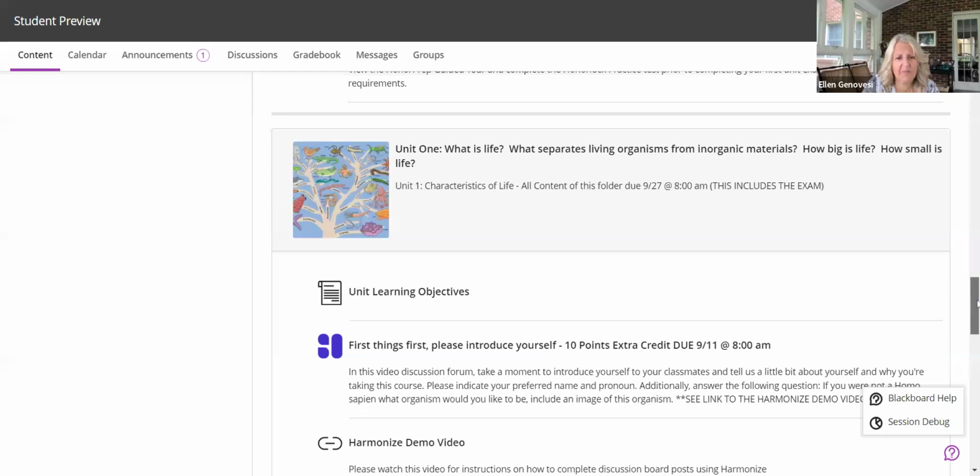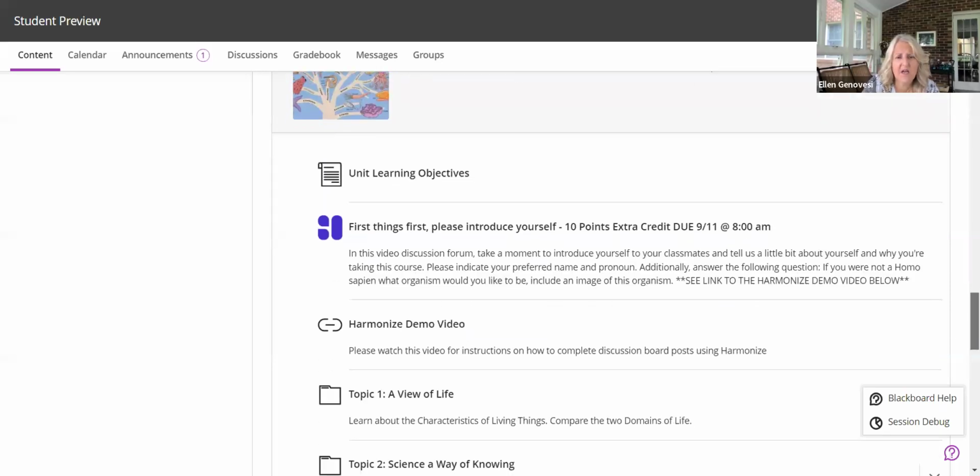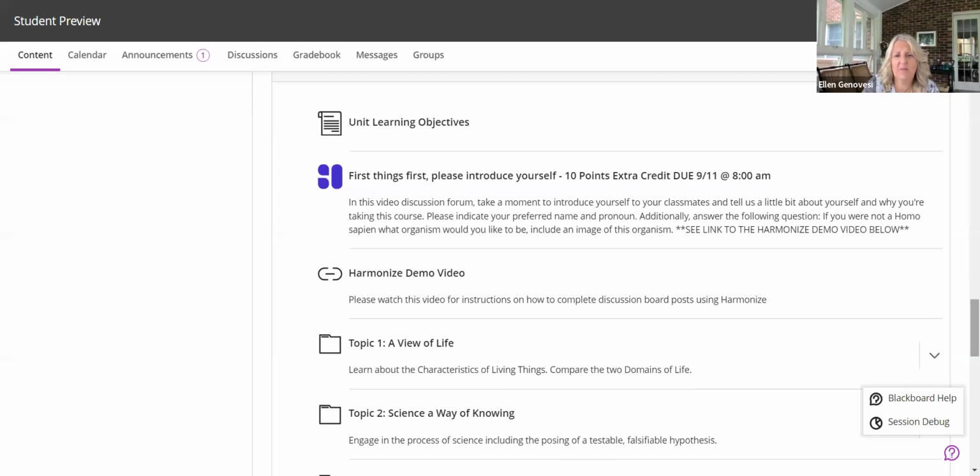Here we have the Unit 1 objectives. In my section, because many of you may not have used Harmonize before, you'll have an intro post, introducing yourself, indicating your preferred name, pronoun, and then, if you were not a Homo sapiens, what organism would you like to be?